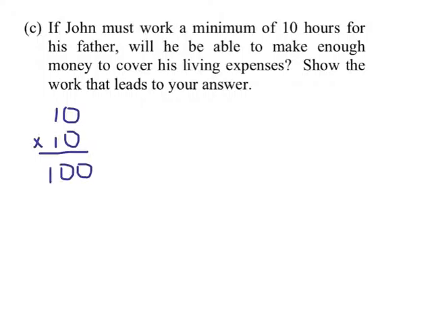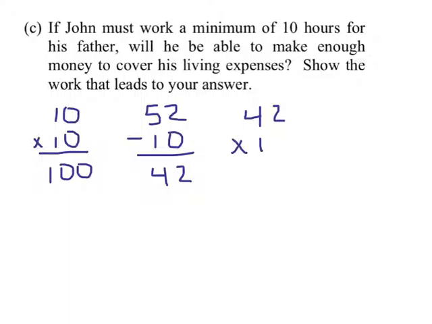He can make more than that from there, but you got to look at the other part. He's allowed 52 hours. If I take 52 hours and subtract off 10 hours he's working for Dad, you're down to 42 hours. Well, 42 hours times 15 bucks an hour gives you a grand total of 630.